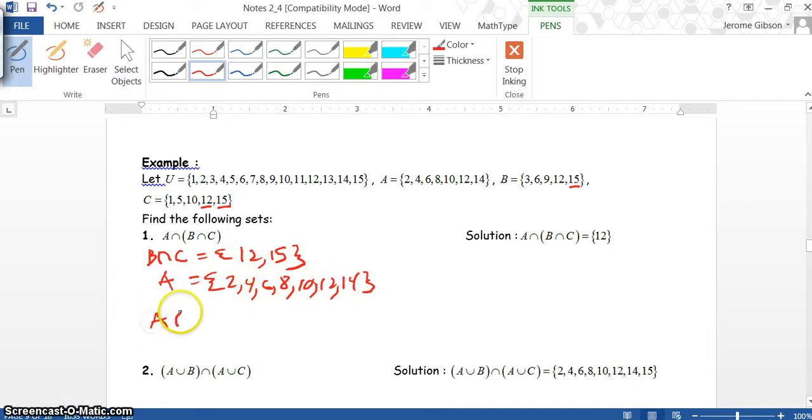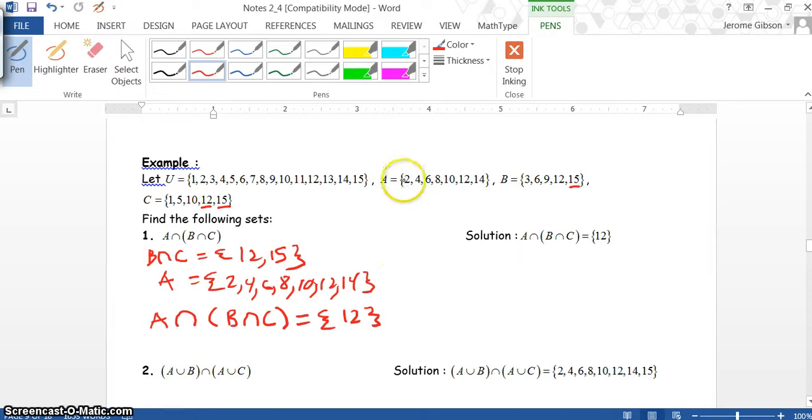So A intersect B intersect C is equal to the set of 12, which we have here.